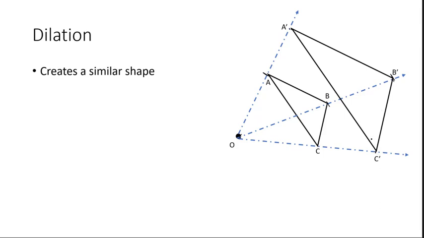We connect those three dots and we get this similar shape. So if you ever see something like this, where the shape maintains the same form but is a different size, either bigger or smaller, this would be a dilation. Because it's not preserving the size, this would not be an isometry, because an isometry, by definition, needs to maintain congruent side lengths.